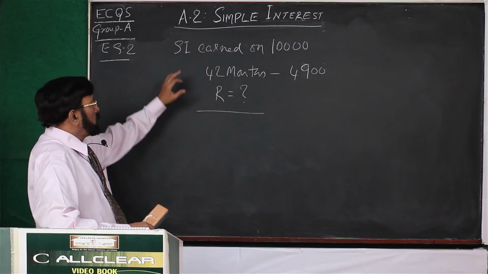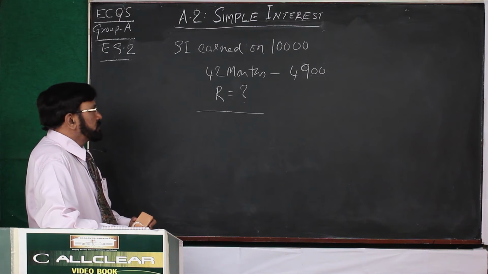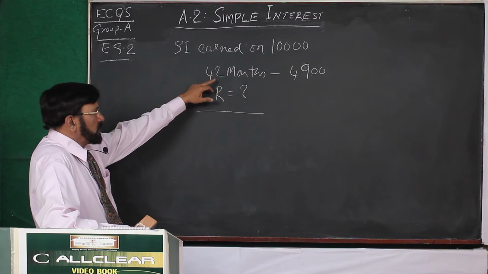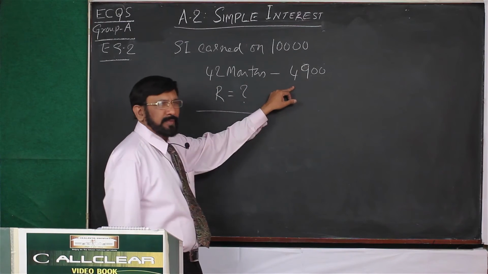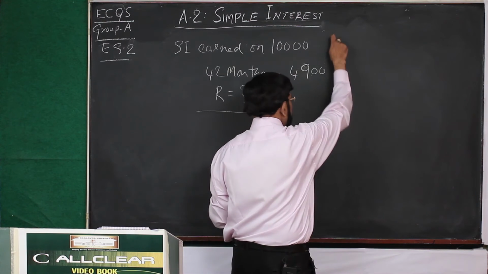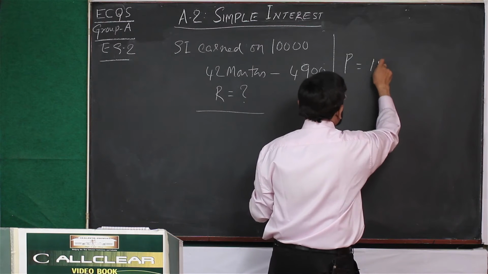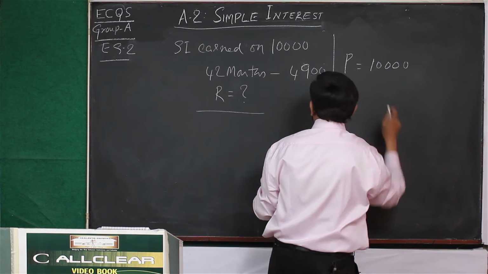This is a different problem. Simple interest earned on 10,000 rupees for 42 months is 4,900. What is the rate percentage? What is the rate of interest? We have to calculate. Now, in this, P is equal to 10,000.